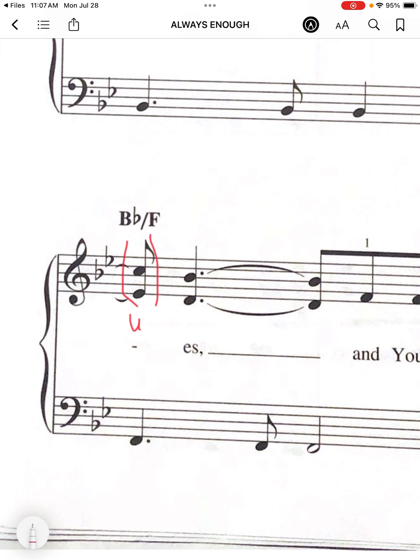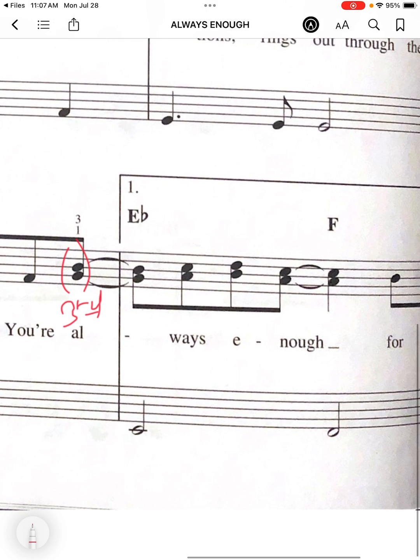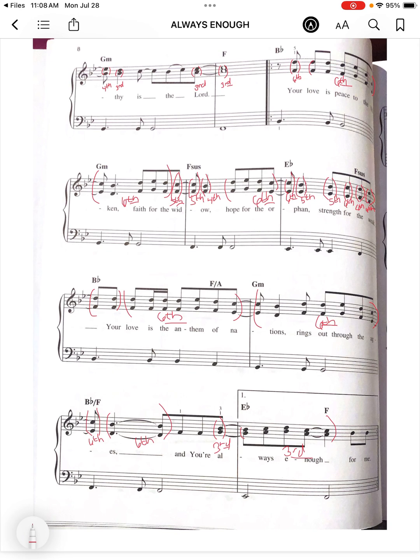So this is a sixth over here. And it looks like this one is a sixth, B flat and D, or G and B flat. And then these two are third. Then thirds all the way through this part here is all thirds. That's how I came up with the answer.